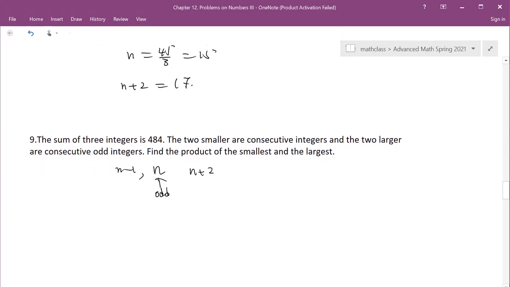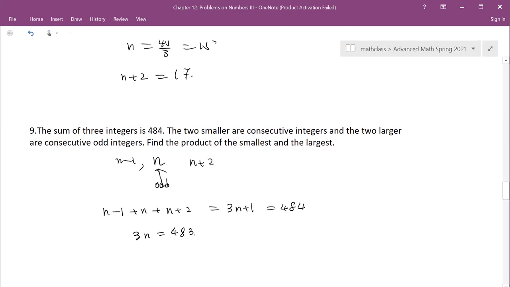All right, let's look at this. Add them together this time. Now you will get 3n plus 1, which is 484, and then you are trying to find n. 483, right?